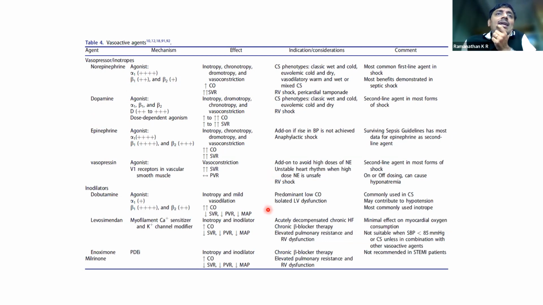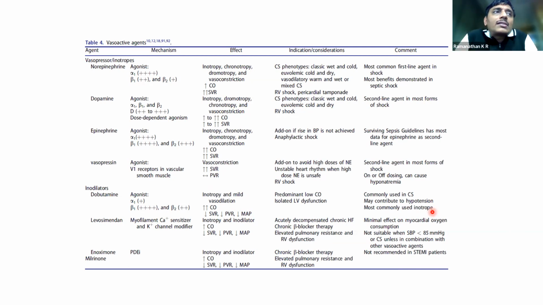You've got to understand that some of these agents are clearly beta predominant. So agents like dobutamine may be better off when used in cardiogenic shock. However, dobutamine still remains an inodilator and hence may cause hypotension when the patient is already in shock state.